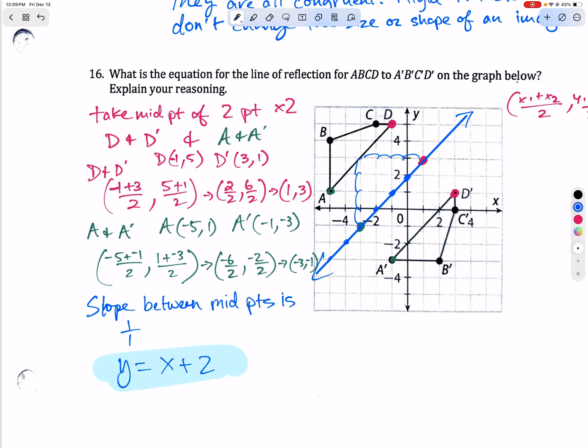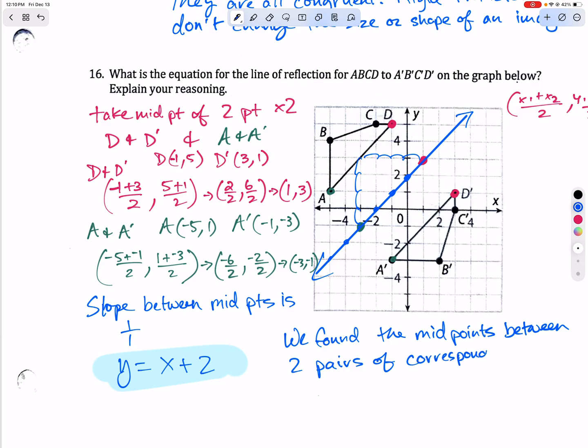All right, explain your reasoning. I mean, this is an explanation, but we found the midpoints between two pairs of corresponding vertices. So those are like the corners, vertices. A and A prime, and D and D prime.